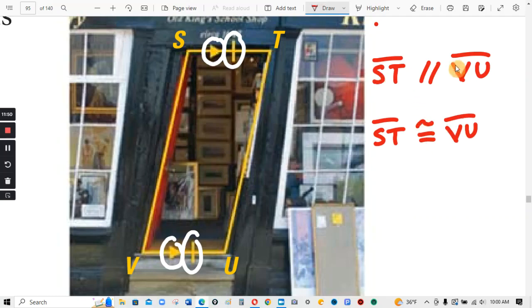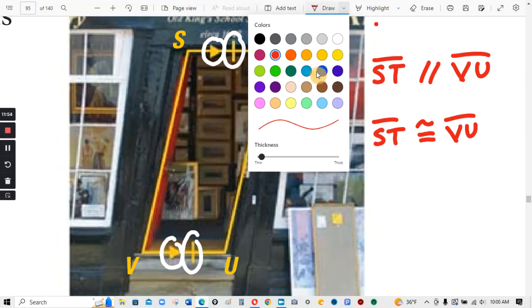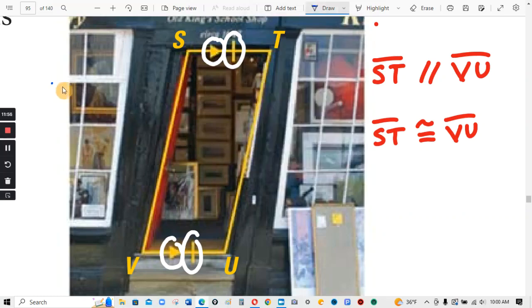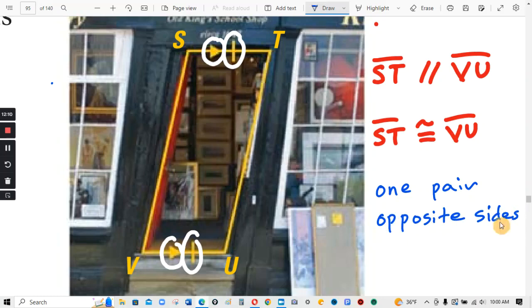All right, so we have parallel, we have congruent. So what we established here is one pair of opposite sides. They are both parallel and congruent.